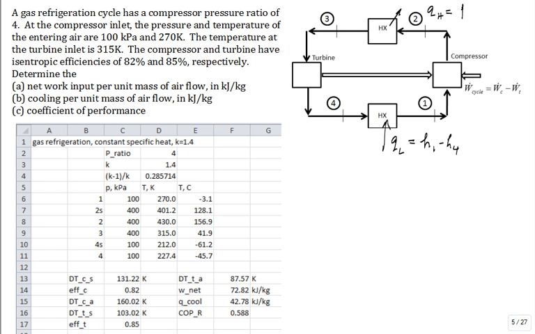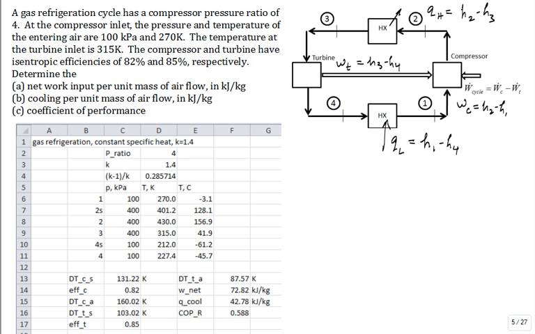That's how much heat is rejected. All right, so the w to run the compressor, the lowercase w, will be H2 minus H1, and the specific work out of the turbine, H3 minus H4. So everything boils down to the enthalpies. You have to get the enthalpies.